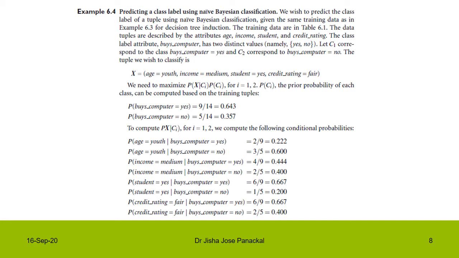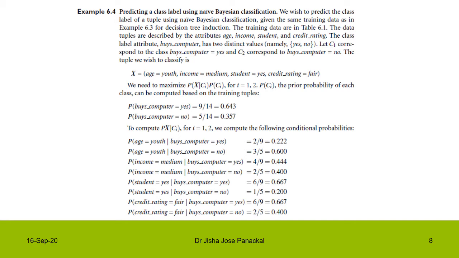So this is a new tuple. We have to classify this using this Bayesian classification. We need to maximize the probability of x conditioned on Ci times the probability of Ci, for i equal to 1, 2. Here we have two classes, therefore i equal to 1 and 2.